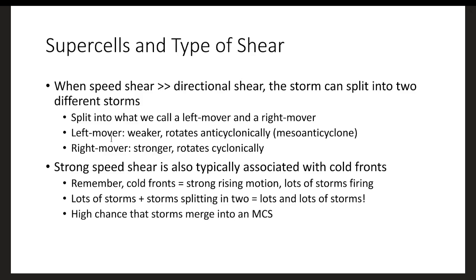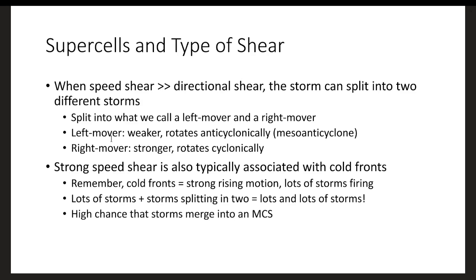So there's a thing called a hodograph that maps the winds as you go up, and the hodographs look more like a straight line. And so the winds just get faster with height, but they don't really rotate that much. And it causes them to split into two different supercells. Like you get a right mover and a left mover, and the left mover is weak and it rotates anticyclonically.